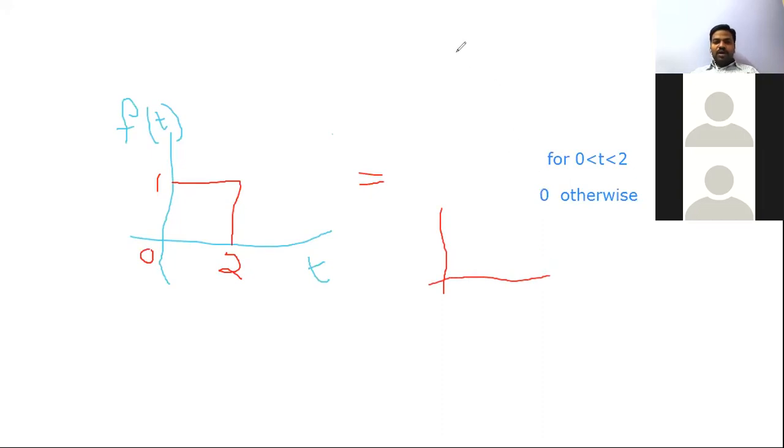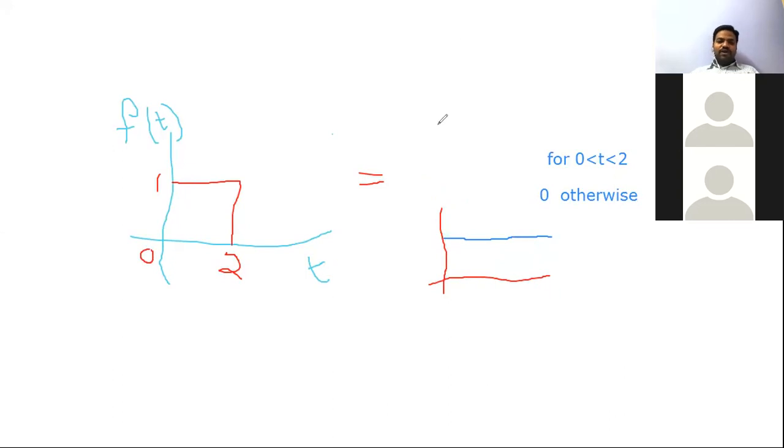Anyone? U of t equal to 1, I think. Okay, the unit step signal is clearly denoted with u of t.